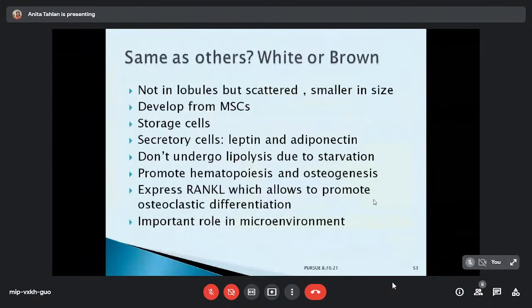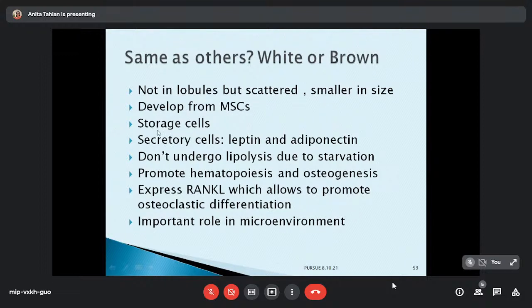So is it the same fat that we have at other places like subcutaneous tissue and visceral tissue, or is it something else? Probably it is something else, because this is not localized in lobules, but scattered. It is much smaller in size. It develops from the mesenchymal stem cells.